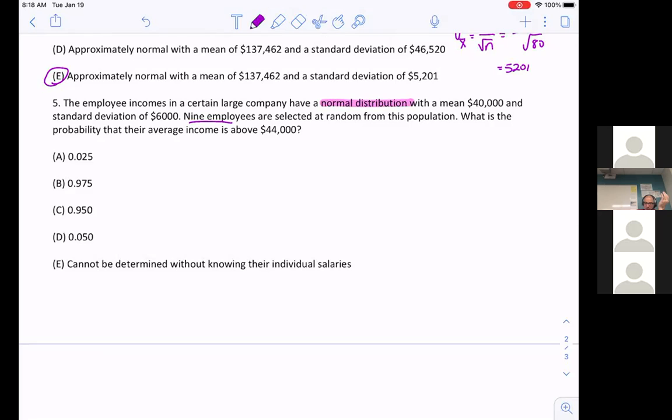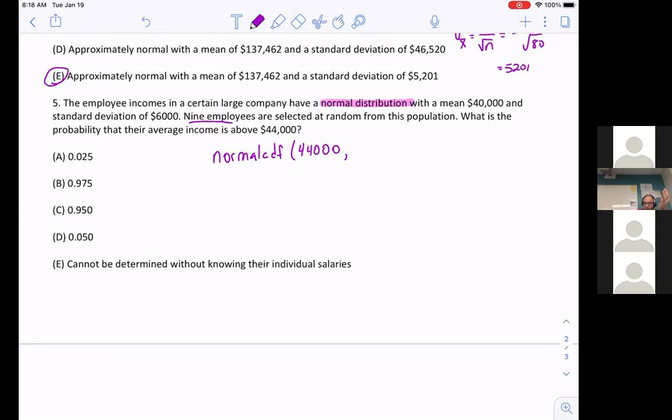So if I'm working the test, I definitely need to be familiar with my normal CDF because I'm probably going to see a multiple choice question like that. I love the fact that everybody uses their equations on the free response because I think that says more to the grader. However, in a multiple choice problem, knowing your CDF helps it go faster because you don't have to write this out. It's a normal CDF. We want to know the probability it is above 44,000.